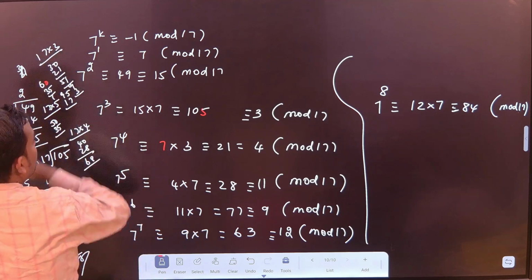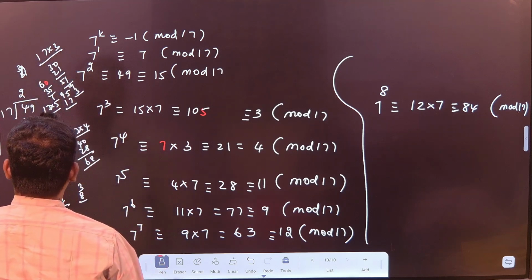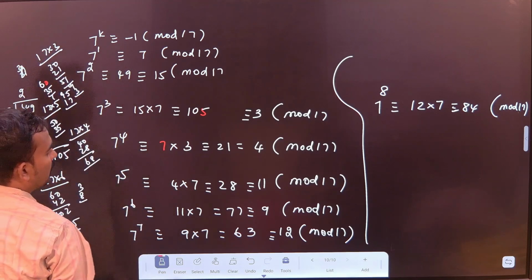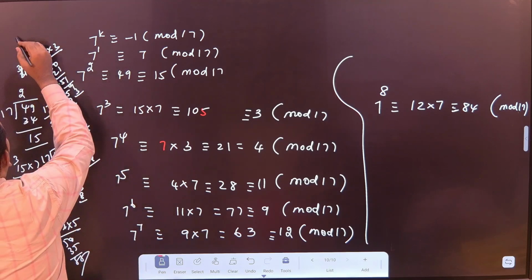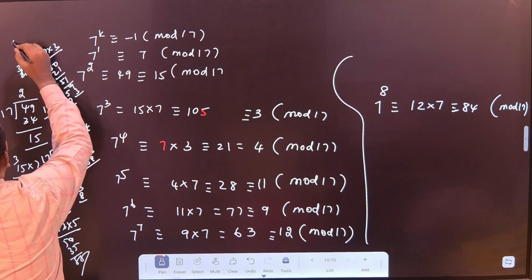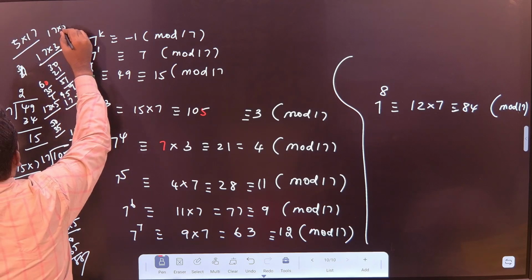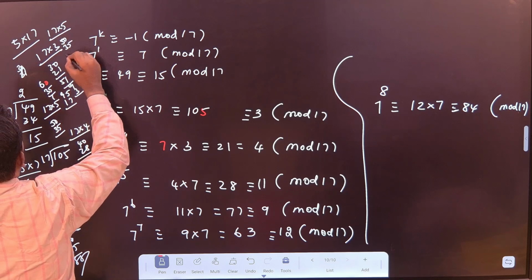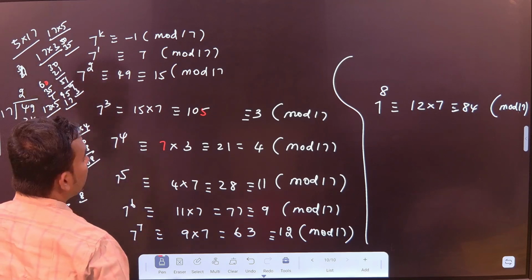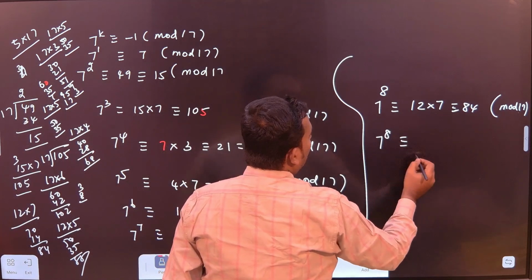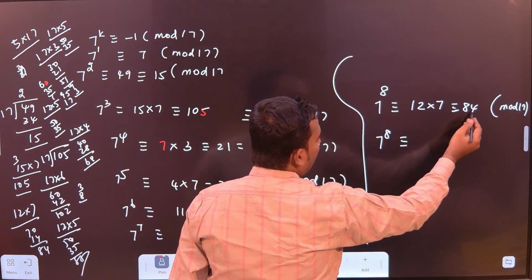Let us take 17, if I take 5 times 17, how much will it be? 17 into 5, it is 50, 85 you will get, right? The 7 power 8 is congruent to, is what?